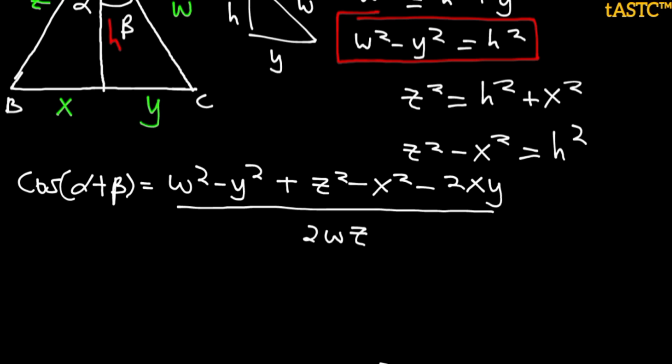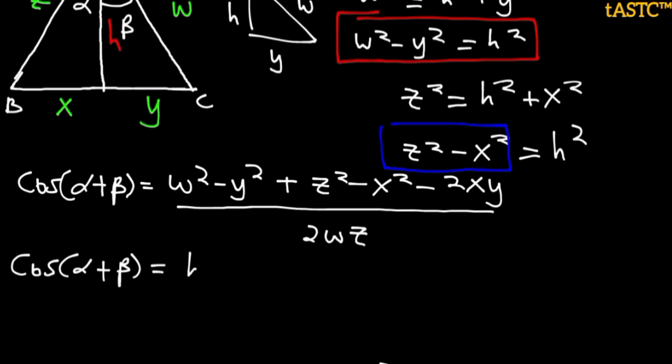Now we know that, as you can see from this place, z squared minus x squared is written as an h squared. So this stuff is going to change to an h squared. And also we got w squared minus y squared. That is also equal to an h squared. So that should be cos alpha plus beta.